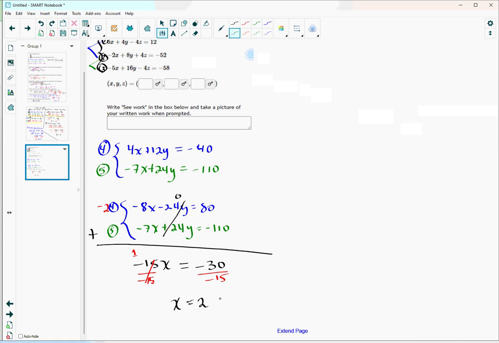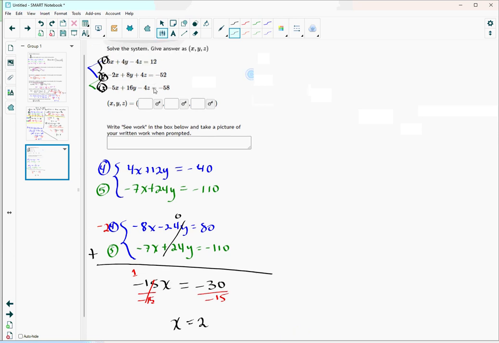So now I have the first variable value solved, and this unlocks the rest of the problem. So now I'm just going to work my way backwards. I'm going to take this result back to my system of 2 equations and 2 variables and find y. Then once I have the y, I'll take both the x value and the y value back to my system of 3 equations and find the z variable, right?